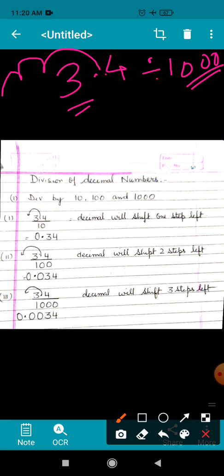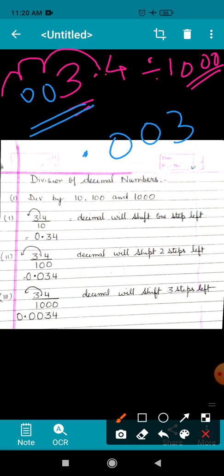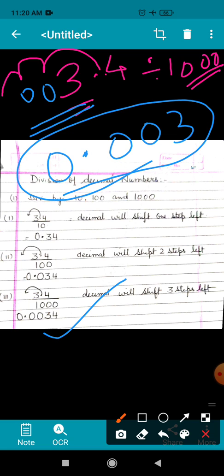So what will you do? You will put 2 zeros to make it 3. Now the answer will be 0.003. Children, on the whole number place, don't leave it vacant. You have to write 0 here.